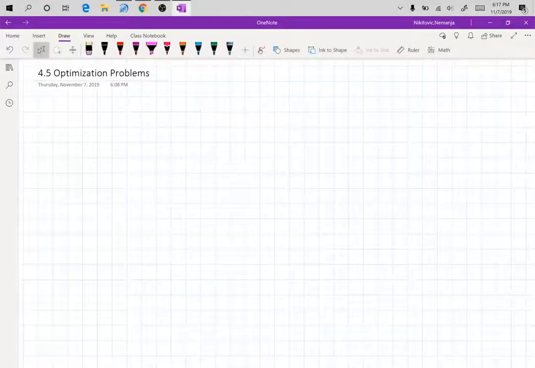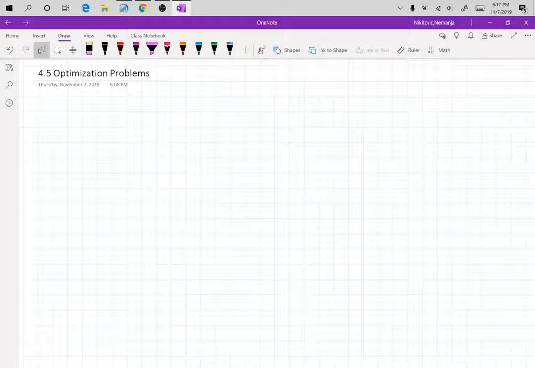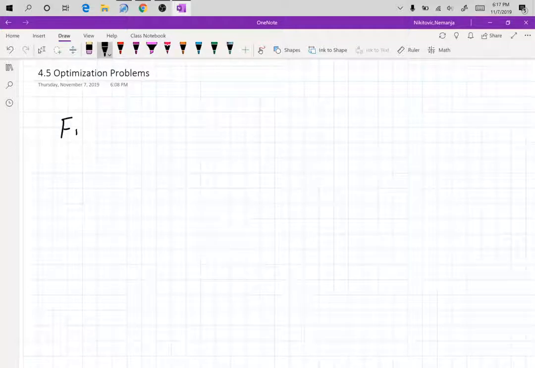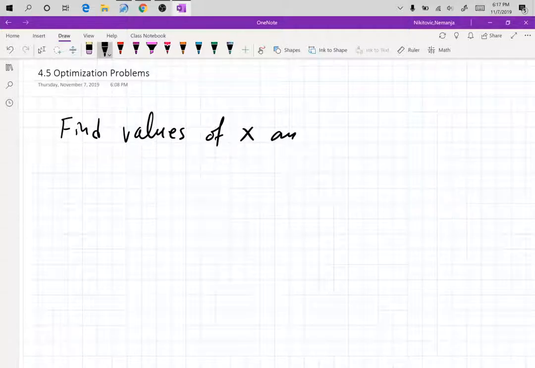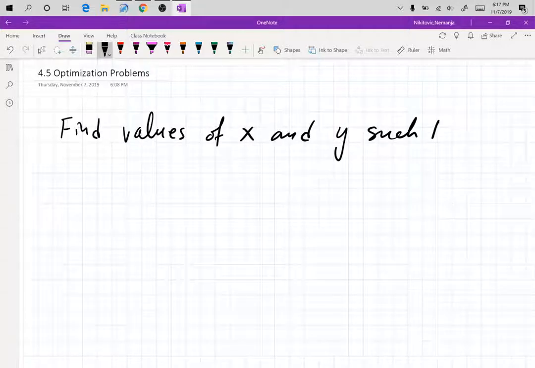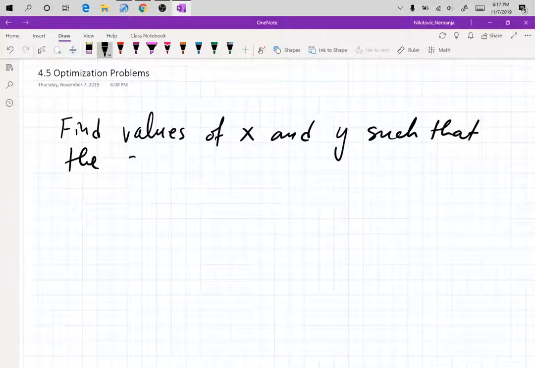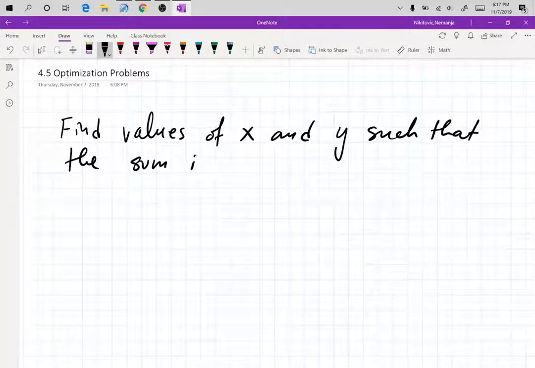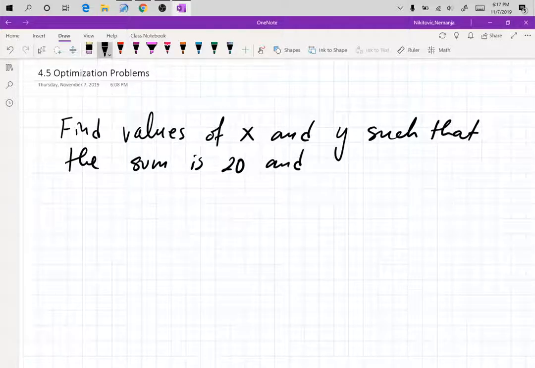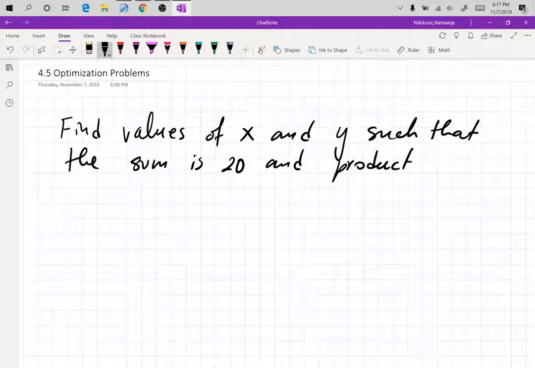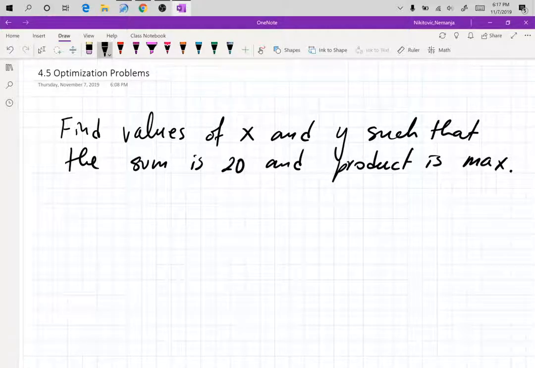But let's say the problem, again a math abstract problem, is just: find values of x and y such that the sum is, let's say, 20 and the product is max.